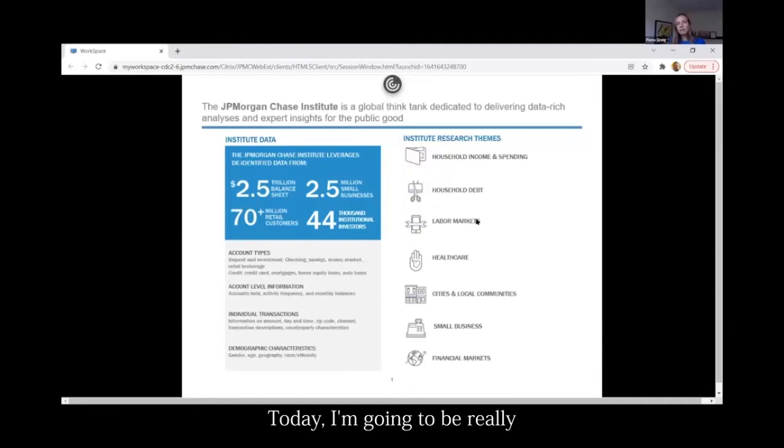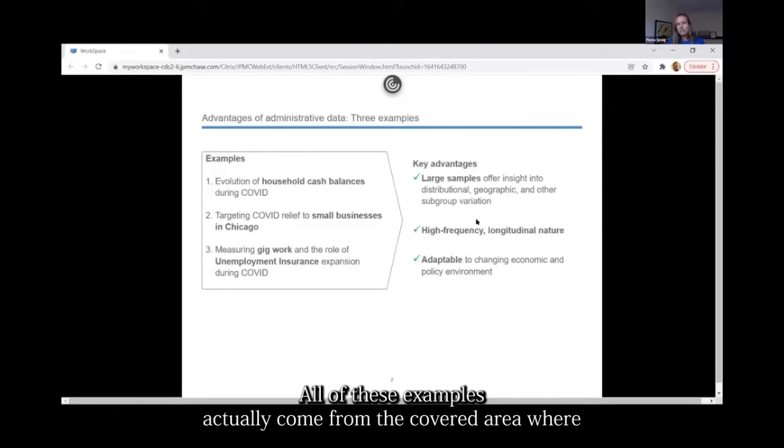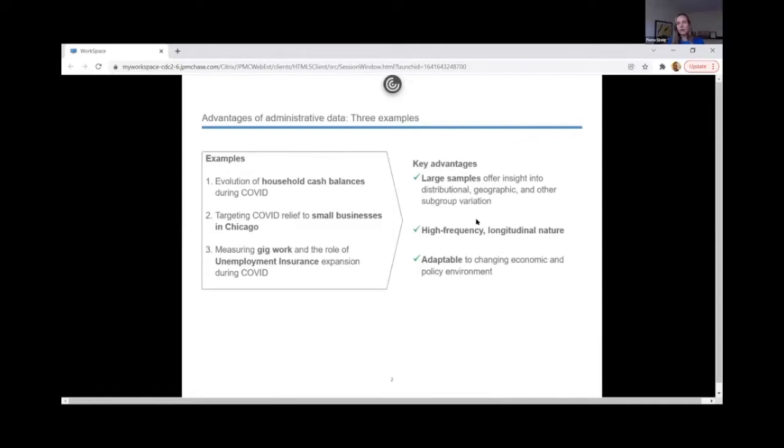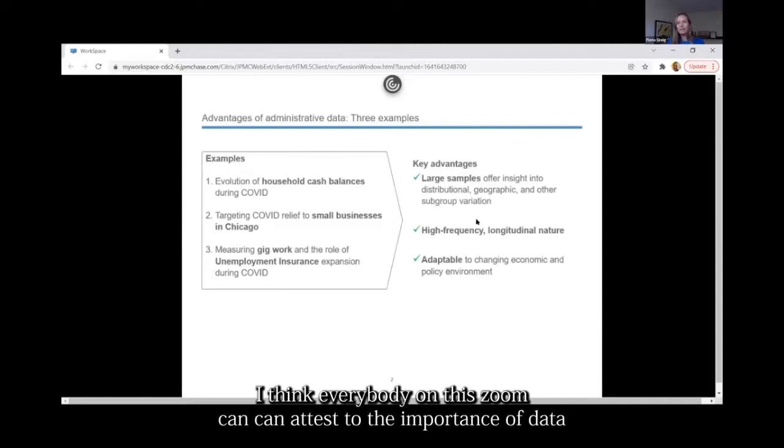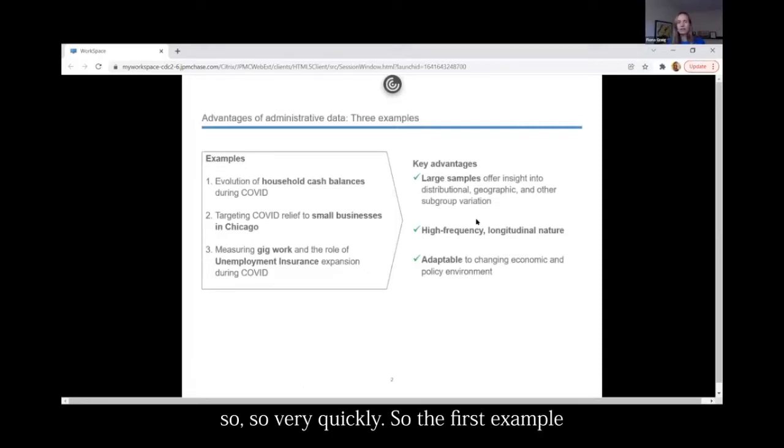Today, I'm going to be really focusing on 3 examples of the use of these data. All of these examples actually come from the COVID era, where I think everybody on this Zoom will attest to the importance of data in much higher frequency in real time during COVID, when things changed so very quickly.